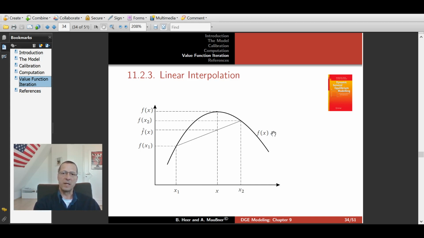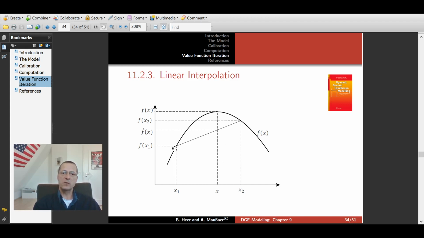So we basically have a function f of x with the argument x. And we will store the optimal policy function at grid points, let's say x1 and x2. But of course, we also would like to compute the policy function between grid points at a point x. In this case, as you can see in the figure, we will just do linear interpolation.